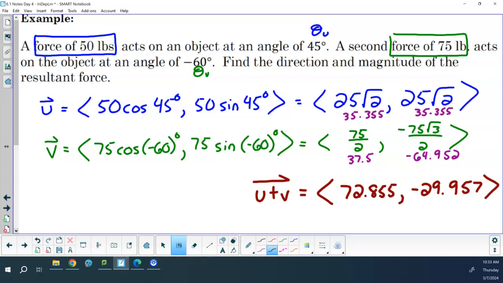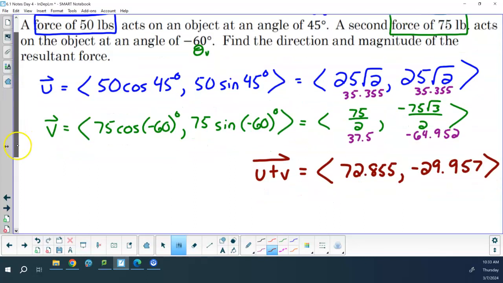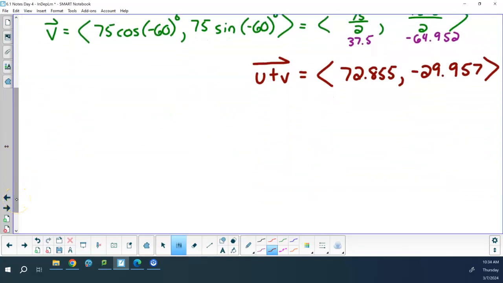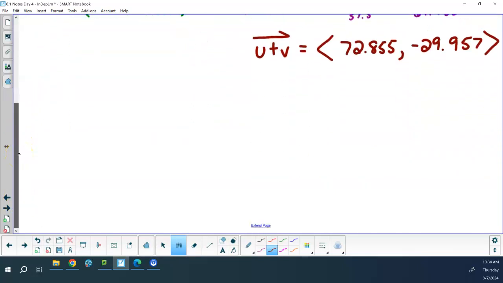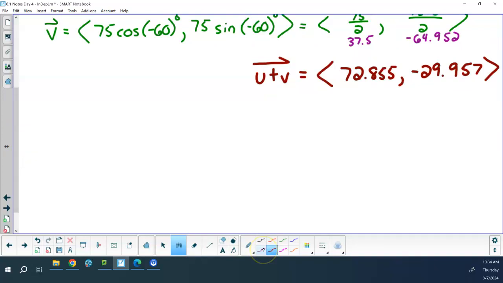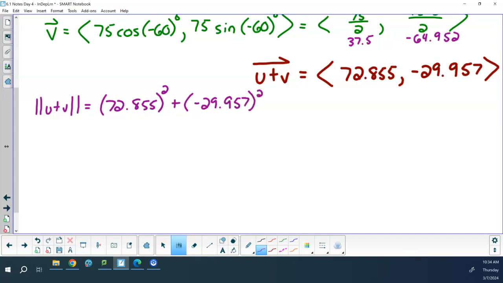Now from that, we can find our magnitude and direction, or so, what did it say? Direction and magnitude, yep, of the resultant force. So the magnitude of u plus v is going to be square the horizontal component, square the vertical component, and then take the square root of that.